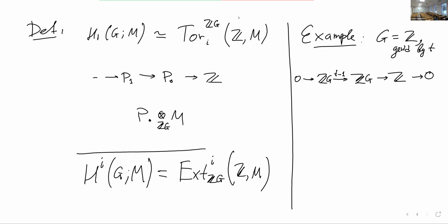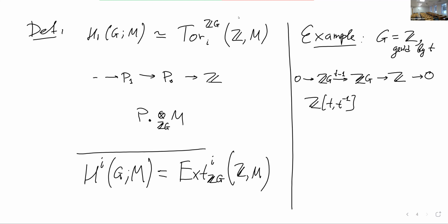We act on it by G, or by T. So for G equals Z, what is the group ring? The group ring is the ring of Laurent polynomials with integral coefficients.